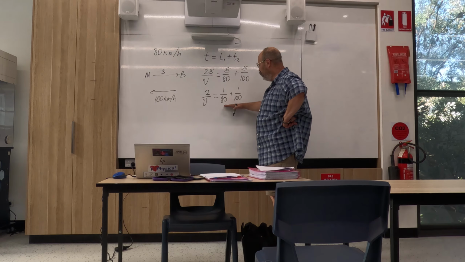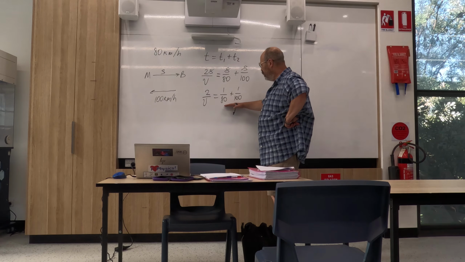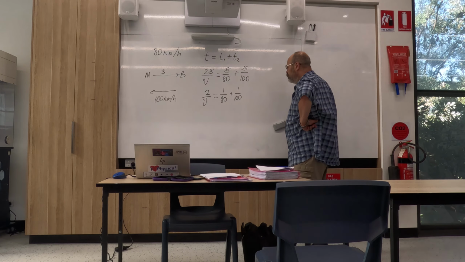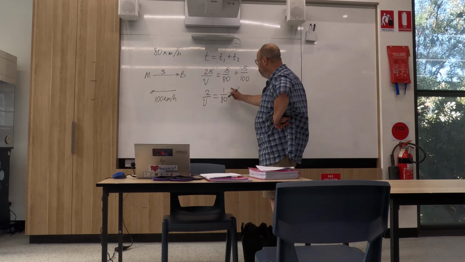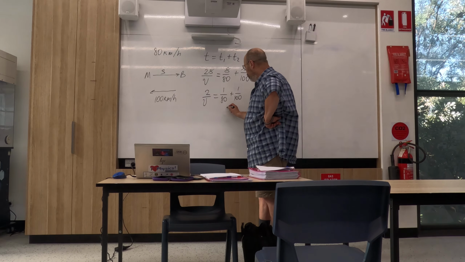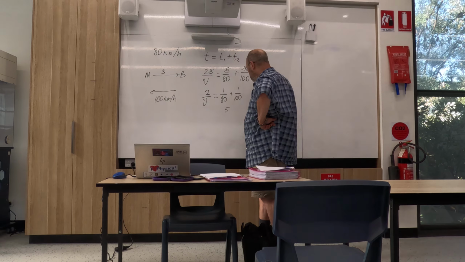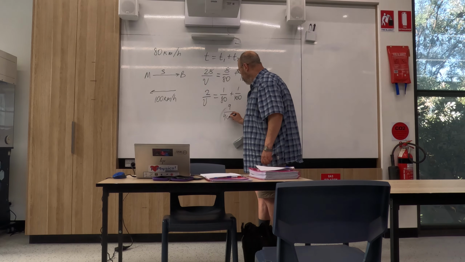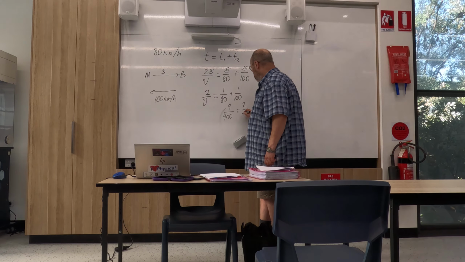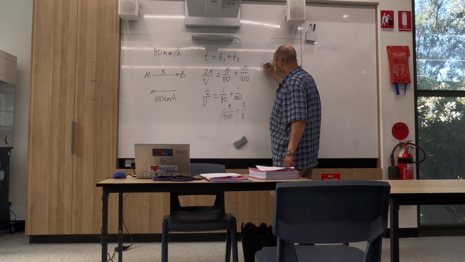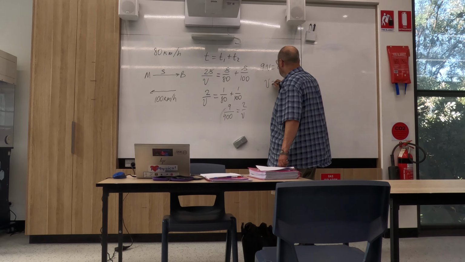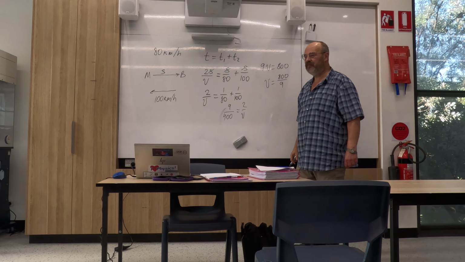So common denominator will be only 400. So times this by 5, this by 4. So we have 5 plus 4, 9 over 400 equals 2 on V. So we have 9V equal 800 and V equal 800 divided by 9.